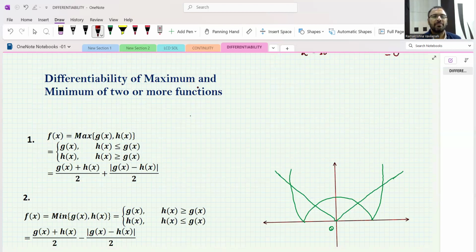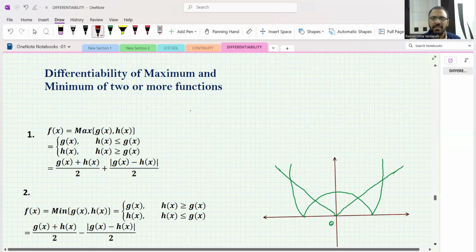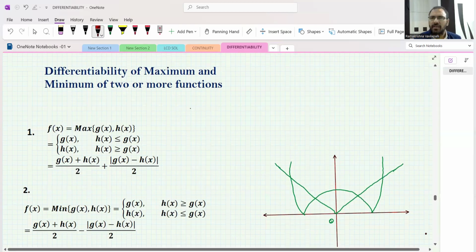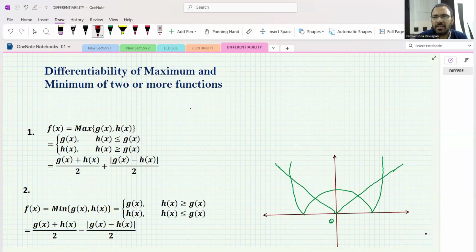Here, differentiability of maximum and minimum of two or more functions. What is this maximum of two or more functions? It is not the matter of finding the maximum of a function, but the maximum of two functions. So which function is more than the other function? This we would like to find out.